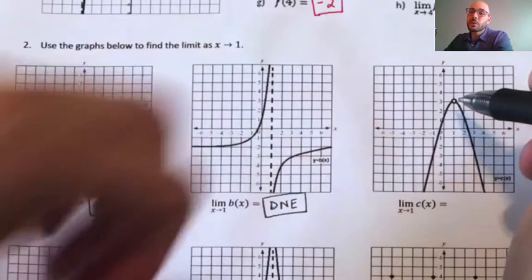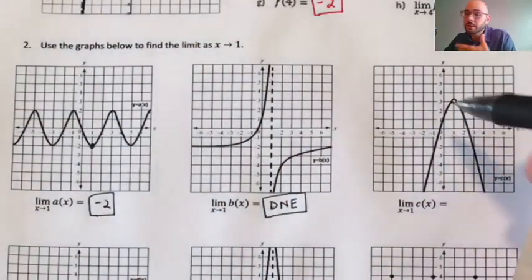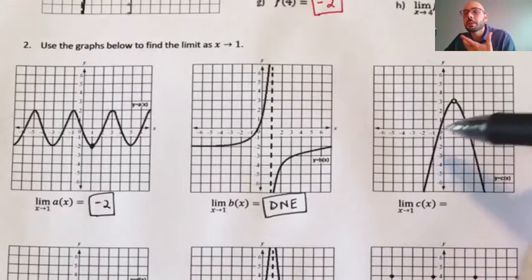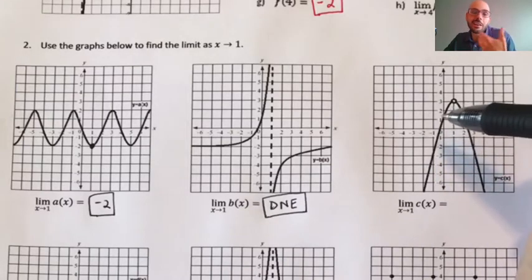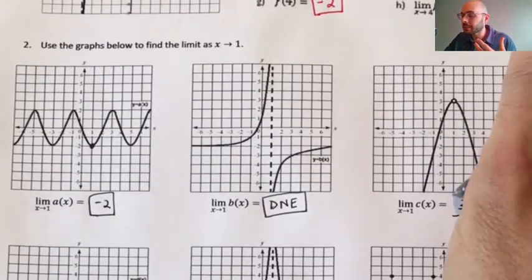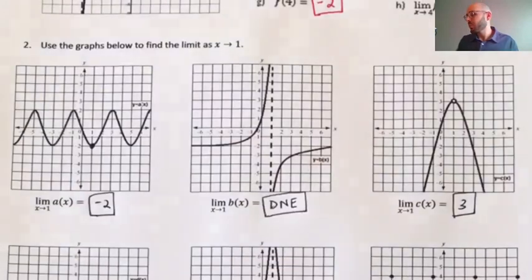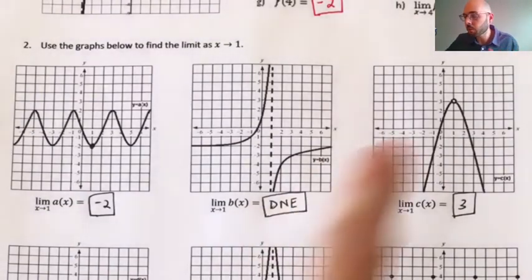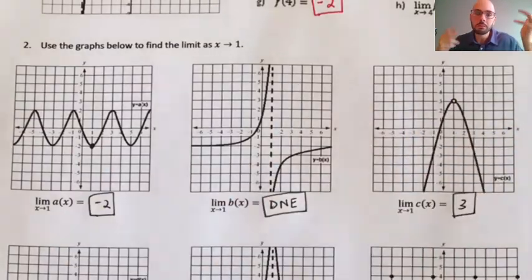Based on the trend, there is nothing indicating that there should be a hole in the graph there. So based on what's happening around that point, it looks like there should be a point at (1, 3), a y value of 3. So that's what the limit is. It's a pattern. What does it look like the point should be? It should be 3, based on all the evidence around that point.